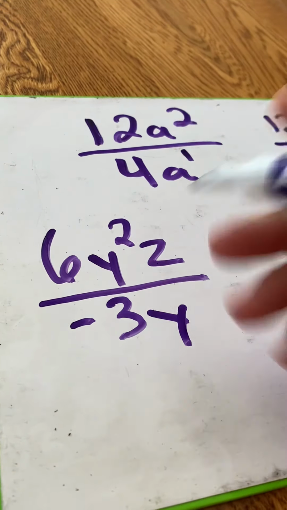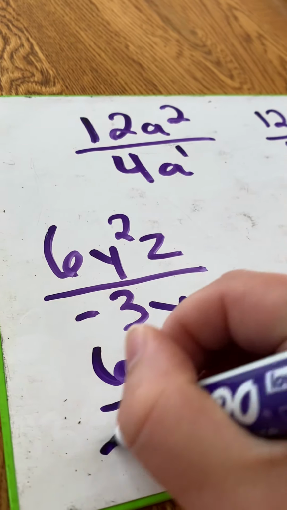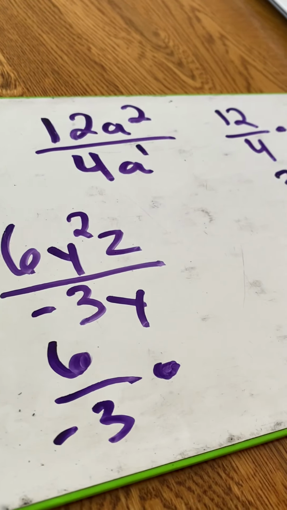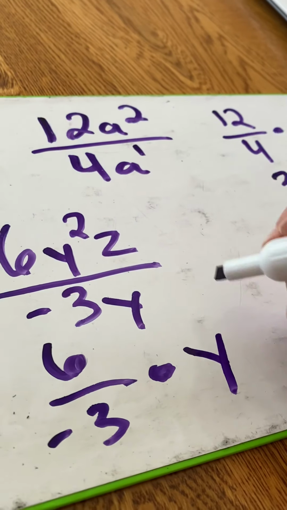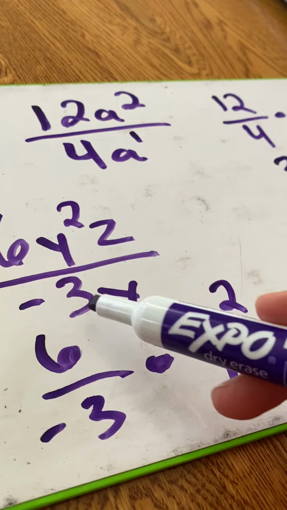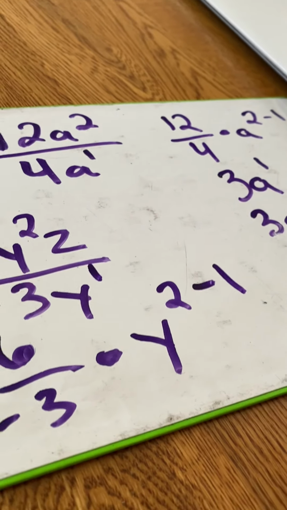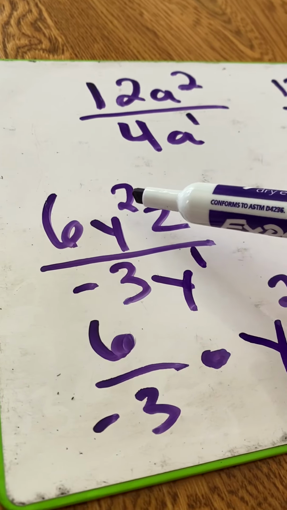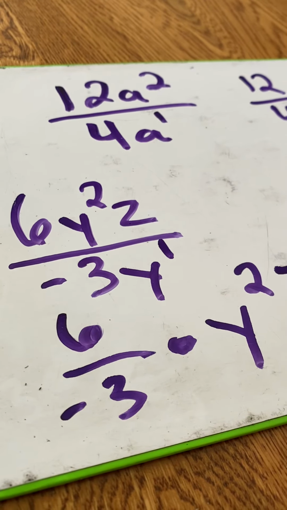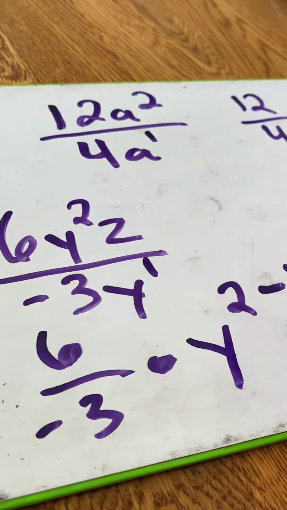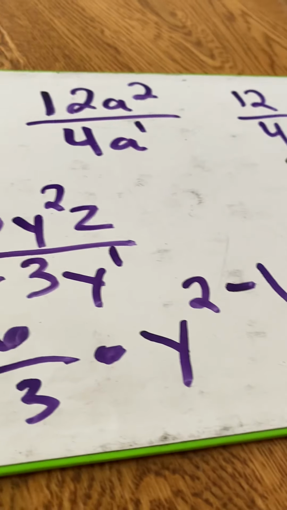We're going to take the whole numbers, 6 over negative 3, and multiply that by y to the 2 minus 1. Remember, 3y means it's 3y to the first power. The 2 is from up here, the y squared. We bring it down here, and then negative 3y to the first power, that's where I got my 1. Now we can't forget this variable right here, so times z. So that's how it should look so far.